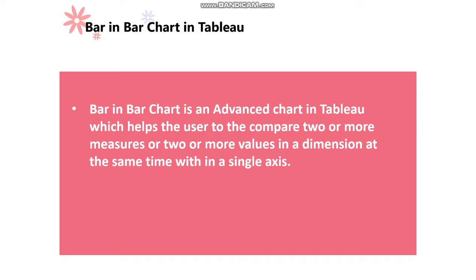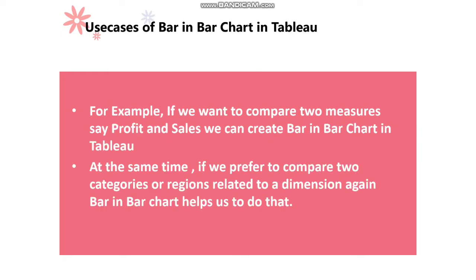Bar in bar chart is an advanced chart in Tableau which helps the user to compare two or more measures or two or more values in a dimension at the same time within a single axis. We have two use cases of bar in bar chart in Tableau. One is if we want to compare two measures, say profit and sales, we can create a bar in bar chart.